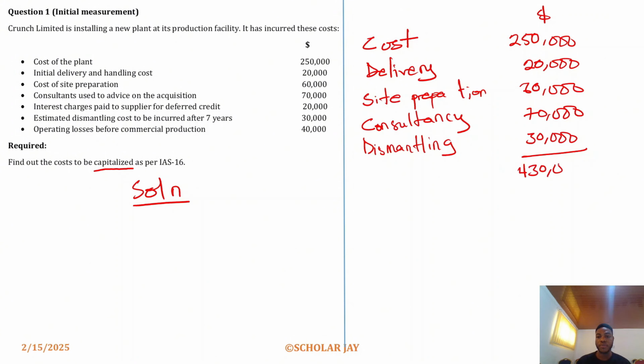So we are incurring $430,000, and this is the amount that will be shown in the statement of financial position. Don't forget that I mentioned that when you talk about capitalization, it means that this amount will be sent to the balance sheet. Is that not it? So our PPE on initial recognition would be 430,000 under assets. And I hope this explanation is very clear, right?